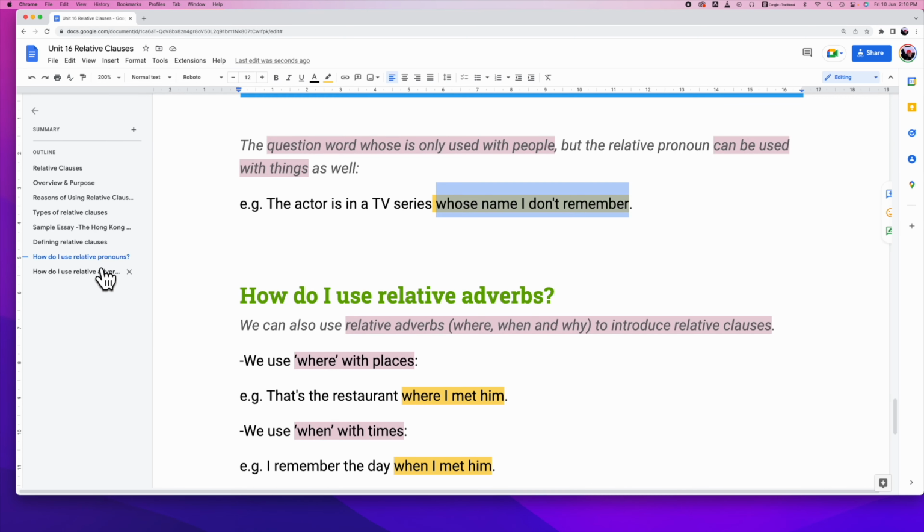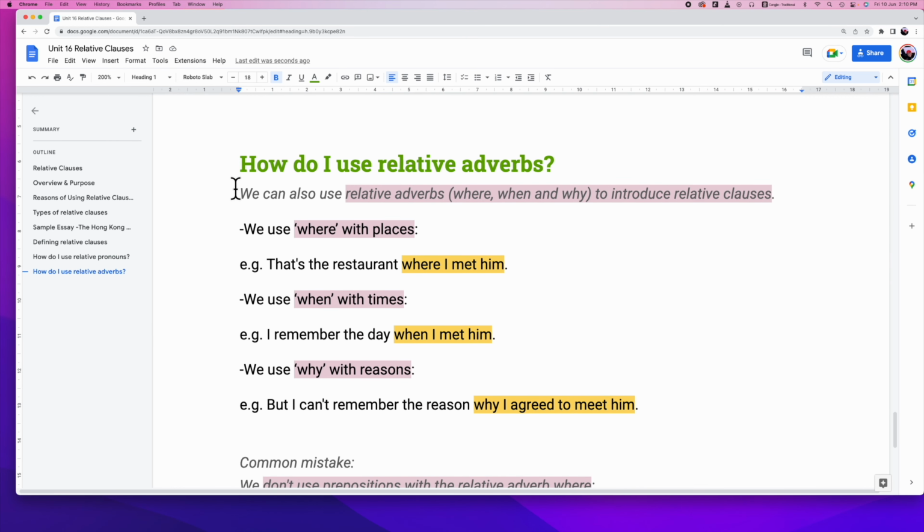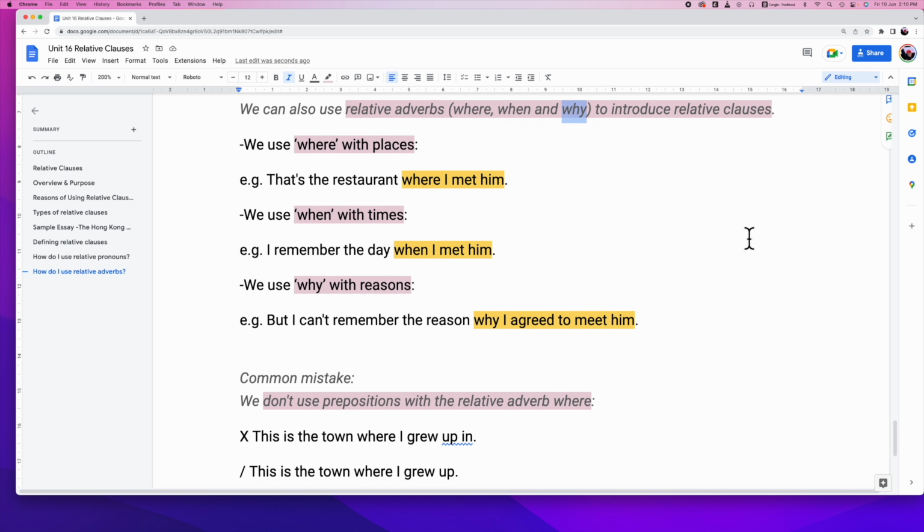Then, how do I use relative adverbs and what are they? Let's take a look. We also use relative adverbs such as where, when, and why to introduce relative clauses. Very straightforward. The word where is for places. That's the restaurant where I met him.